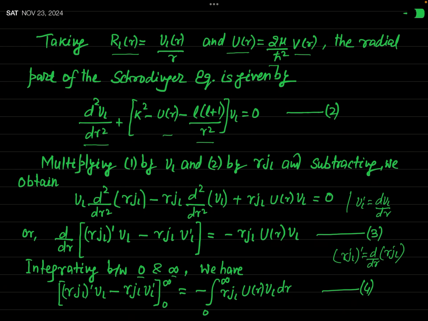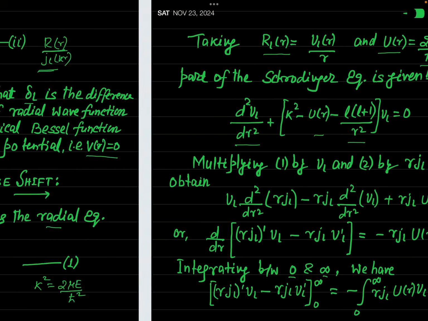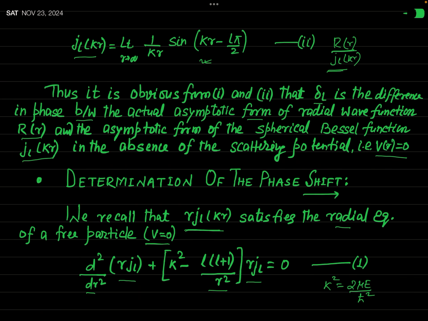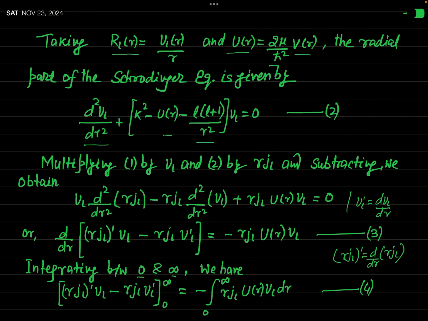Okay. And after seeing these two equations, now we can do some mathematics, and after that we will be able to get the expression for the phase shift. Now let us multiply equation 1 by v_l, and equation 2 by r j_l, and after that subtract equation 2 from 1.